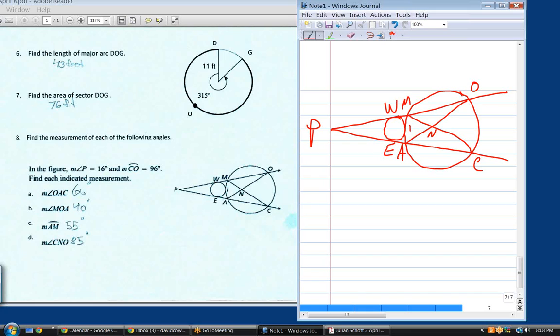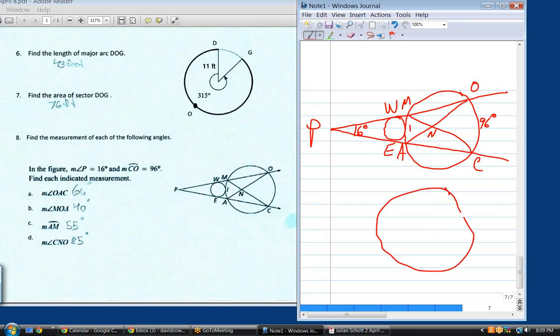All right. So what do they give us? They give us that P is 16. They give us the measurement of CO is 96 degrees. Find each indicated measurement. OAC, this angle right there. What is OAC?